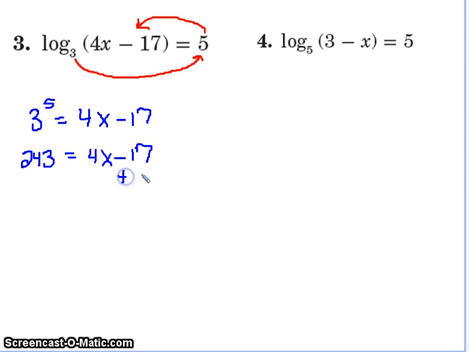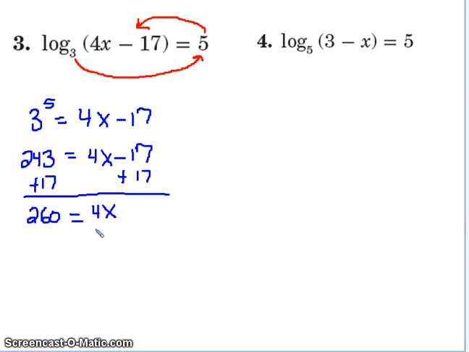The opposite is to add 17 to both sides. And we do that, we actually get what, 260? That would be nice if we get 260. And then we are going to divide both sides by 4, which gives us 65.